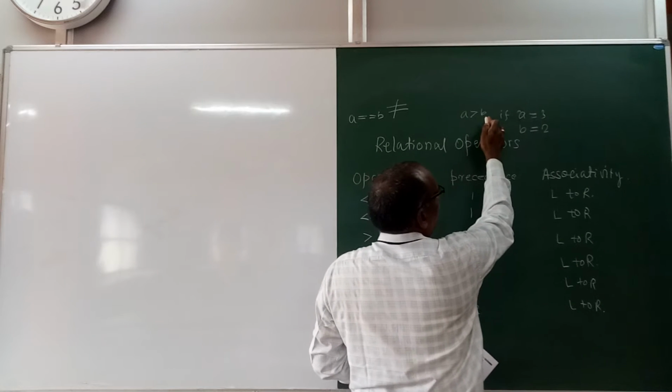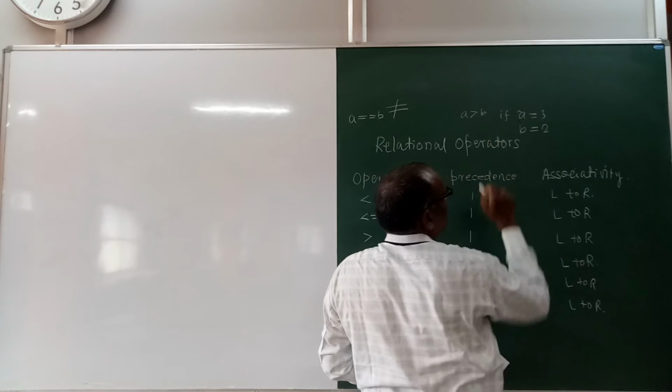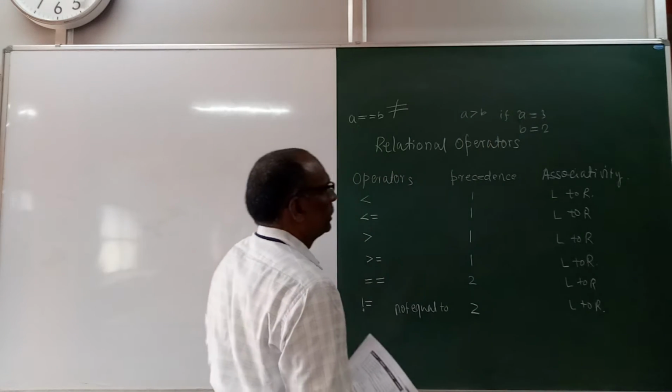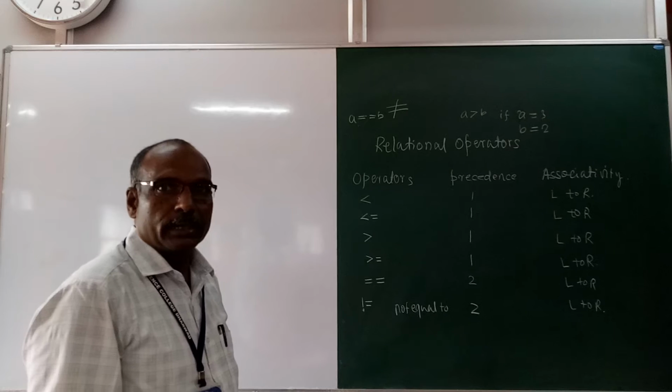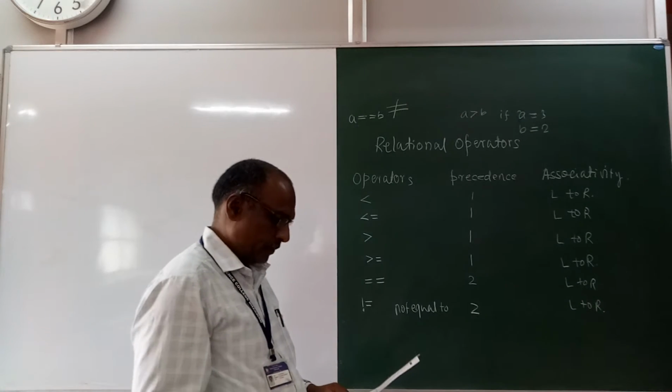A is greater than B: A is 3, 3 is greater than 2. It's true. The result will be either true or false.